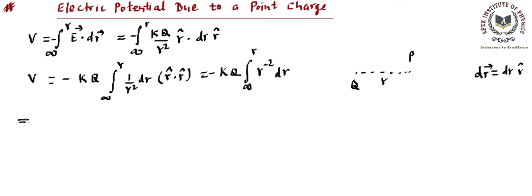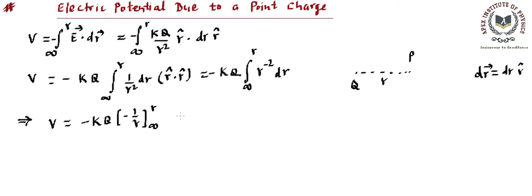So this will lead to a potential V as, we know this integration, there's a standard formula, x raised to power n integrates to x to the power n plus 1 divided by n plus 1. So it becomes minus KQ, and that will be minus 1 upon r, and the limits are running from infinity to small r.